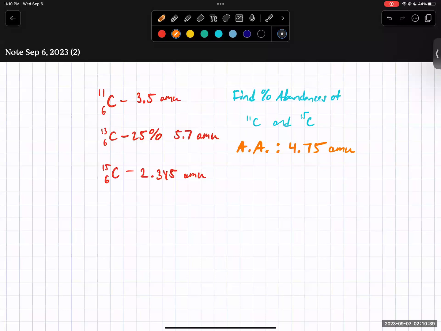Next, let's say M2 is the partial, so plus 3.5 times its percent abundance. But we don't have that, so X, plus 2.345 times Y. You cannot put X and X here because we know that these are not the same, so X and Y.